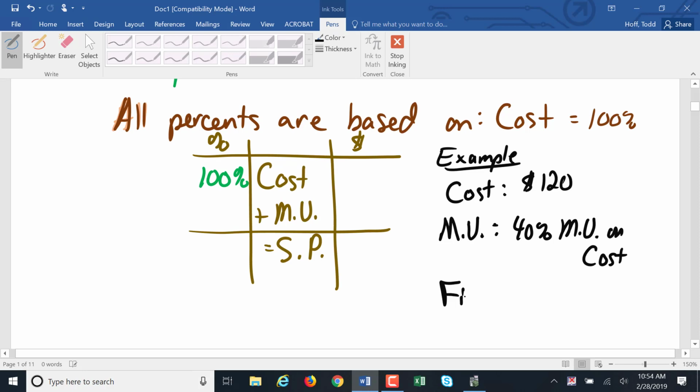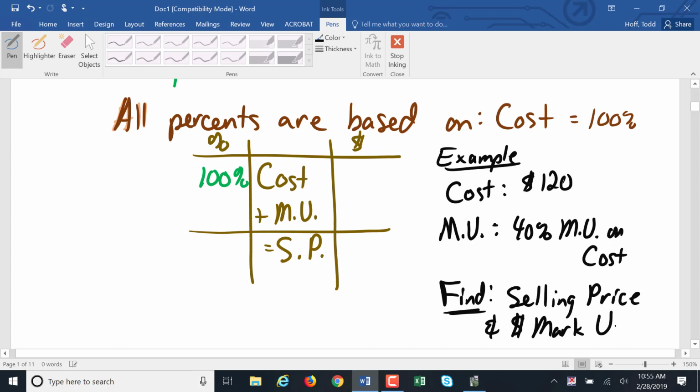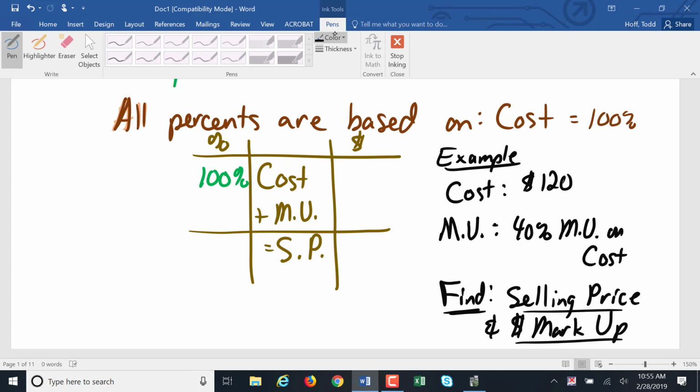And we're going to be asked to find our selling price. Along with that, I'm also going to ask us to find the dollar amount of the markup. So the dollar markup is the dollar amount. So those are the two things I'm going to find here.